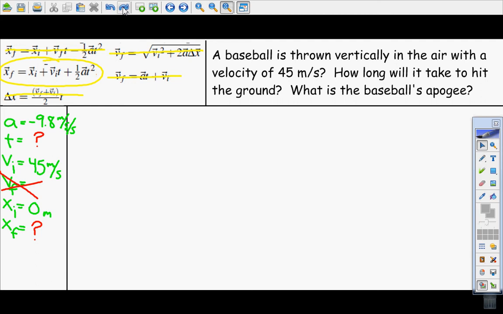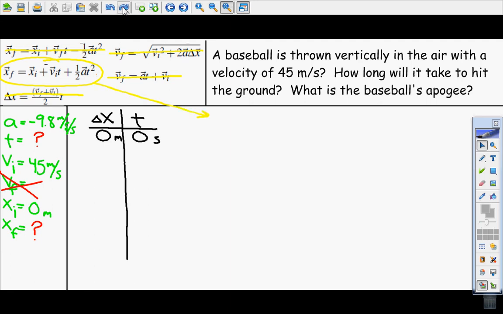So this is going to involve constructing a graph, a displacement versus time graph. Now, in this displacement versus time graph, I know one point already, which is 0 seconds, 0 meters. I haven't launched it yet, and no time has gone by, which means it hasn't traveled anywhere.